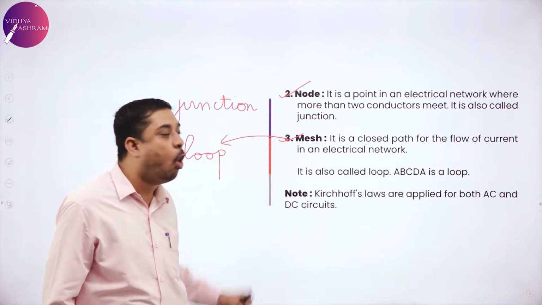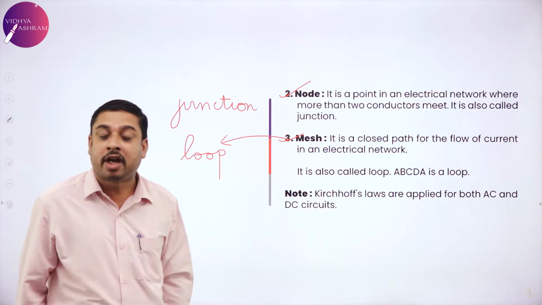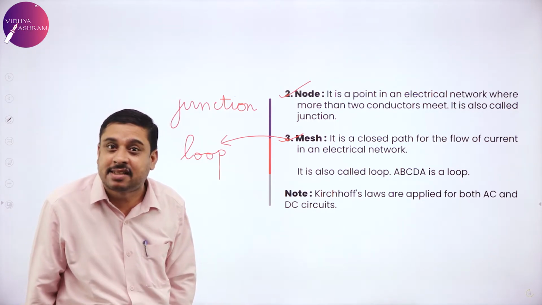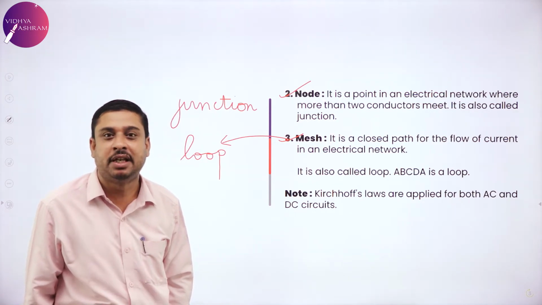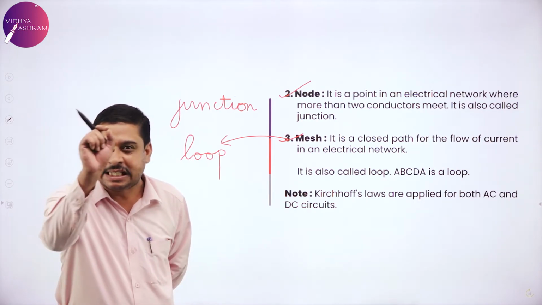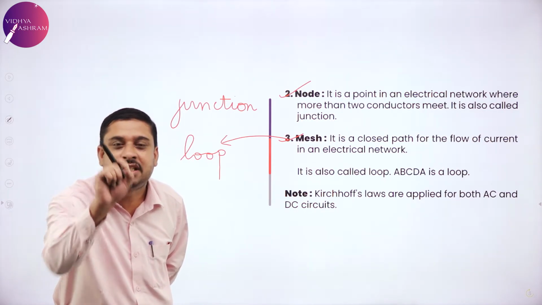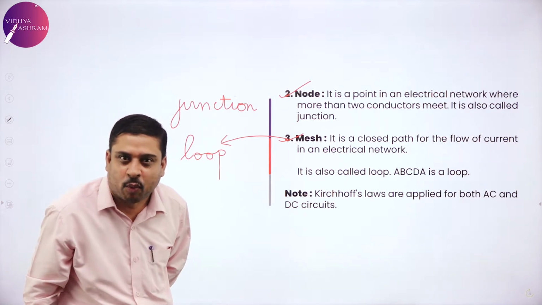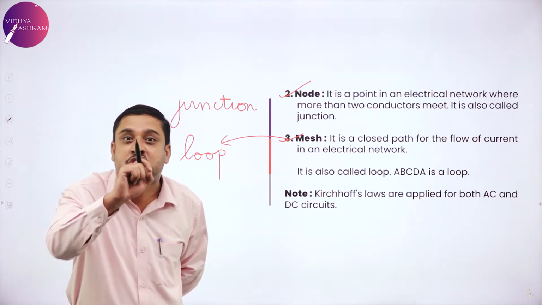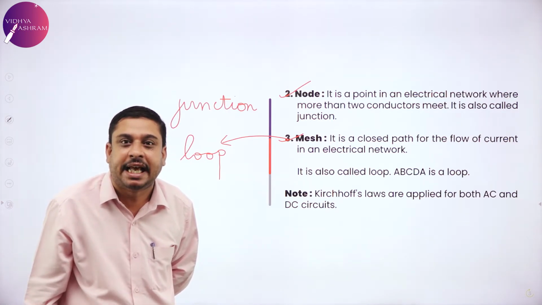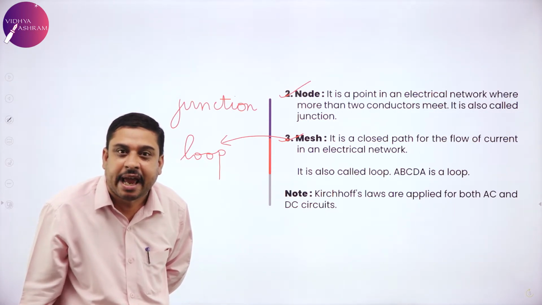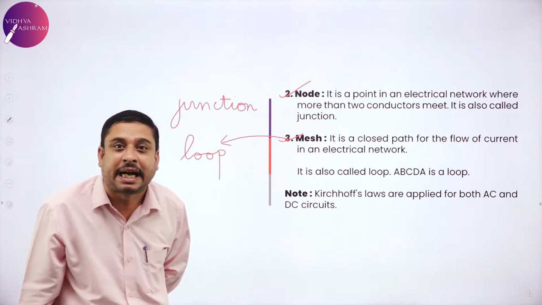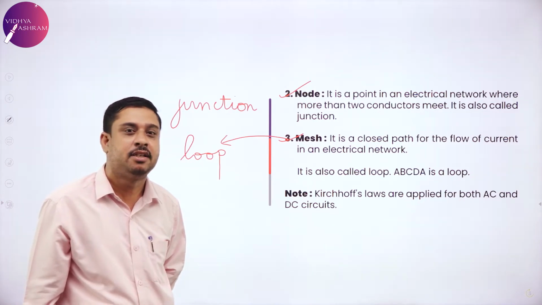Then node. What do I also call a node? A junction. It is that point in an electrical network where two or more conductors are connected.